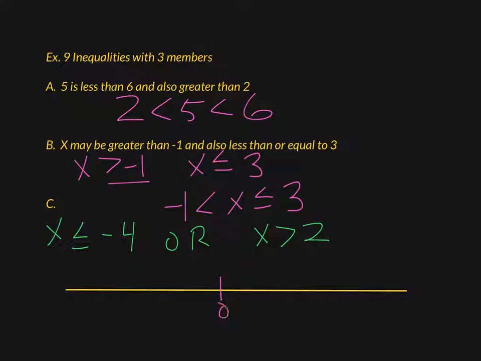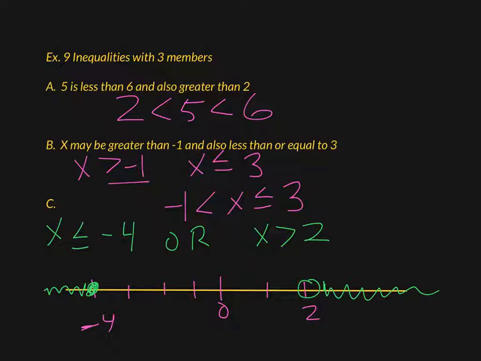So let's see, I've got 0, 1, 2, and negative 4. If we're graphing this on a number line, we want a closed circle at negative 4, and it's everything less than that. Open circle at 2, and it's everything above that.